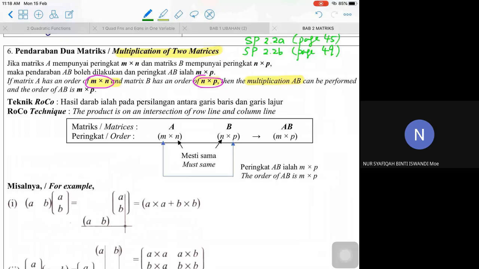So the column of the first matrix should be equal to the row of the second matrix. If these two are equal, that means we can do the multiplication of the two matrices given. Okay, I repeat. The column from the first matrix should be the same as the row of the second matrix.